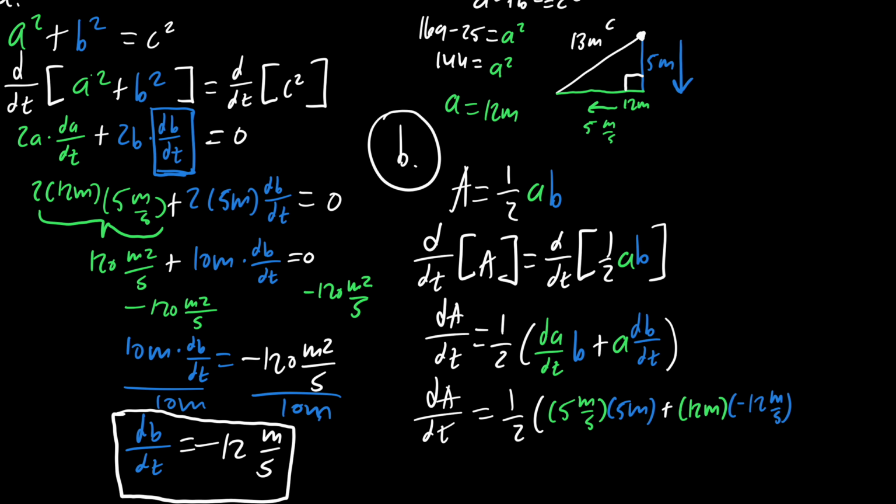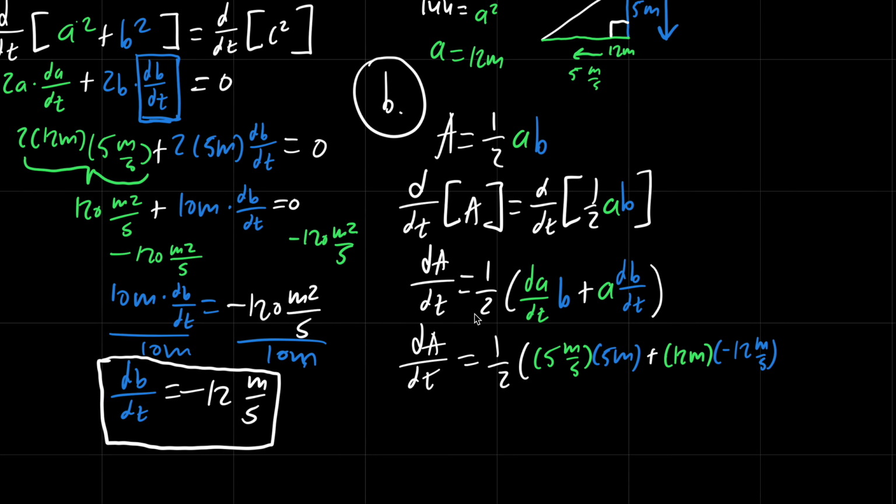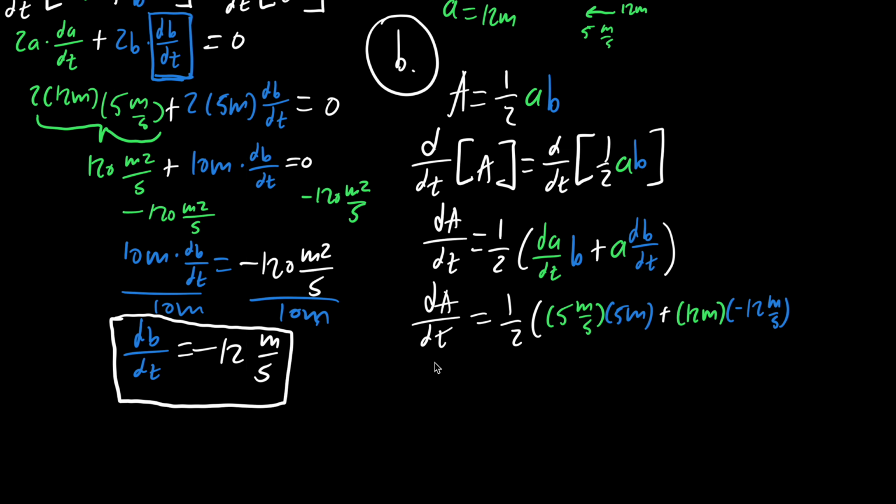And then just arithmetic. I'm not going to work through all that arithmetic. What you should end up with is -119/2 square meters a second. There's your answer for part B.